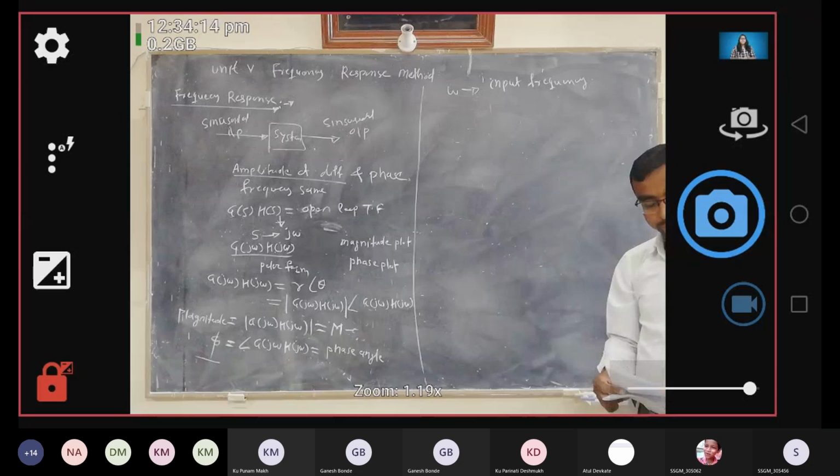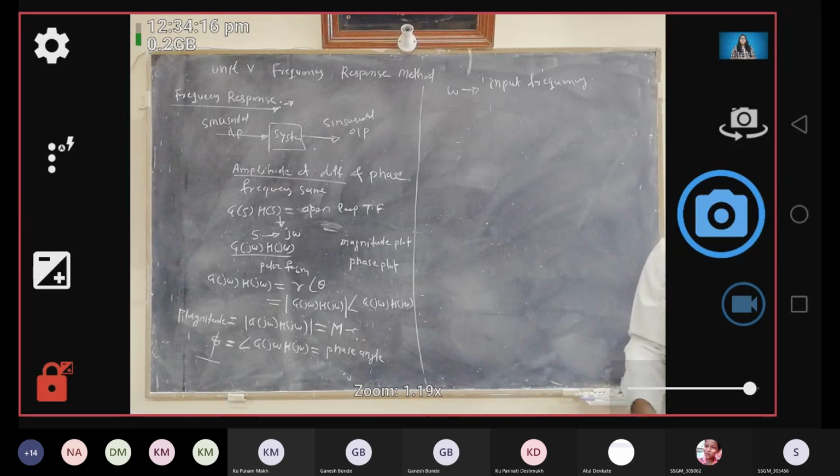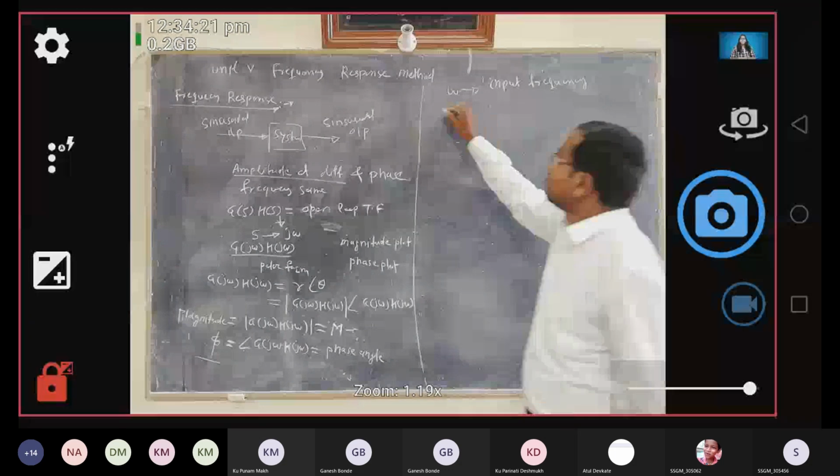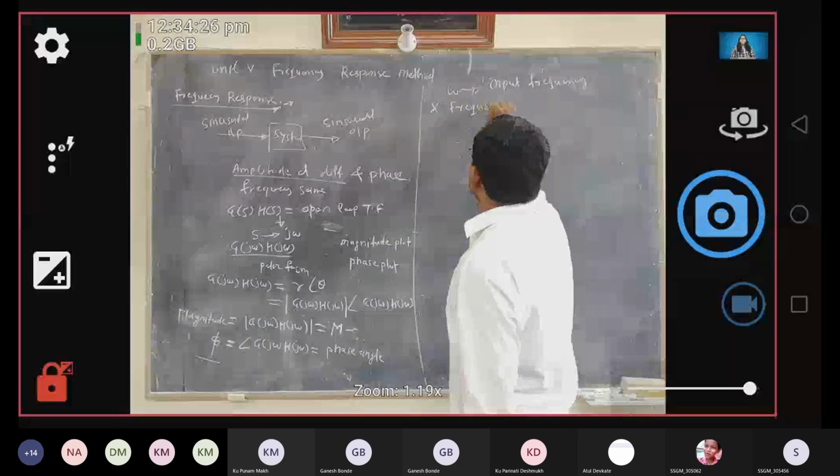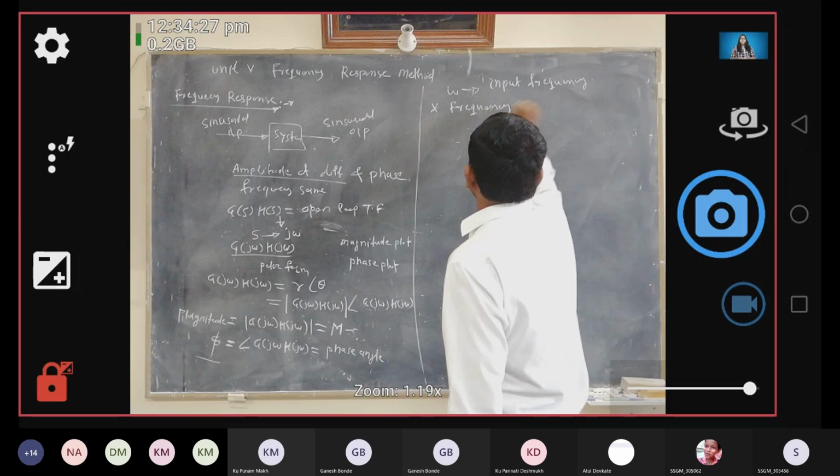Then, similar to time response specifications, there are frequency response specifications.